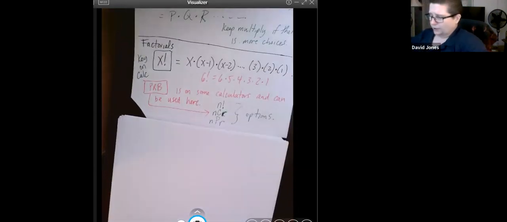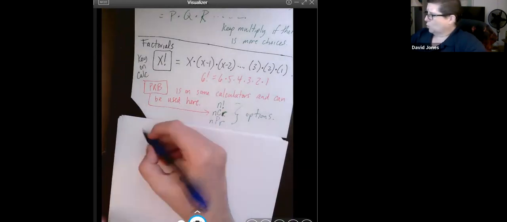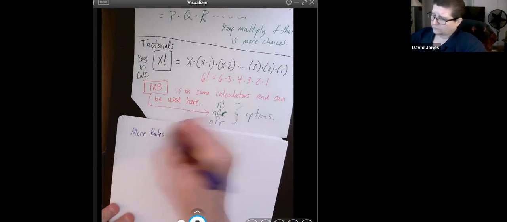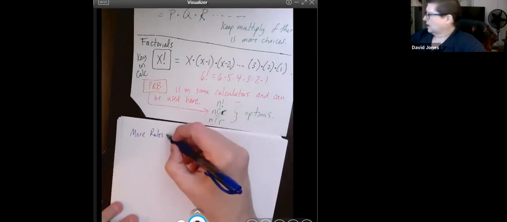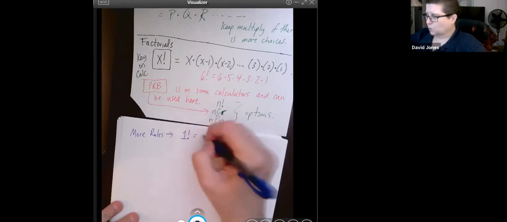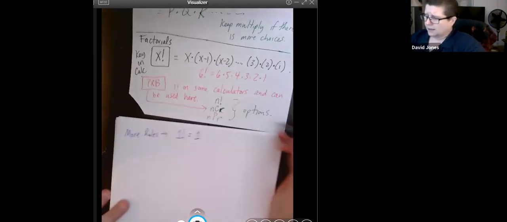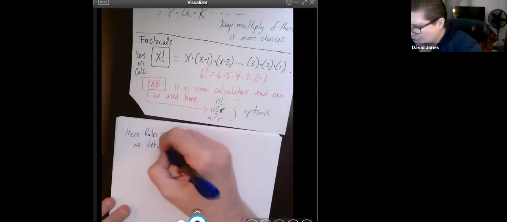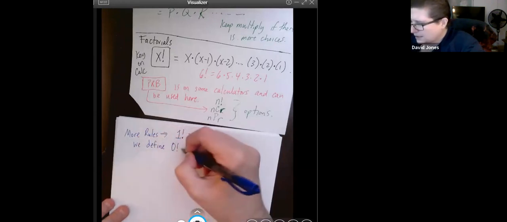There's some important things to note with factorials. More rules of factorials. It may seem obvious, but 1 factorial is just 1. And we define 0 factorial to equal 1.